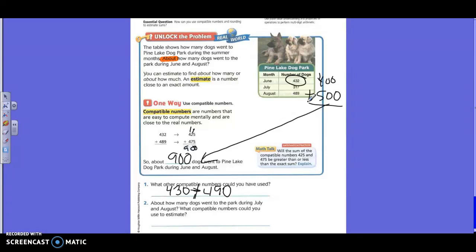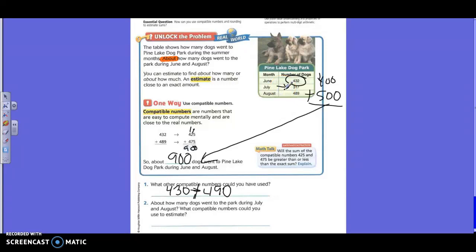All right, let's read number 2. About how many dogs went to the park during July and August? What compatible numbers could you use to estimate? Okay, so let's pick a compatible number for July this time.